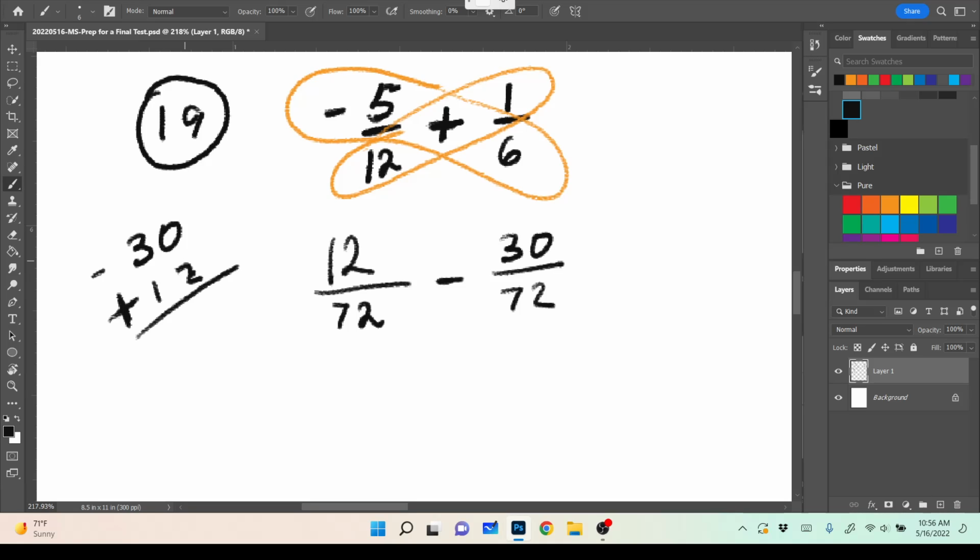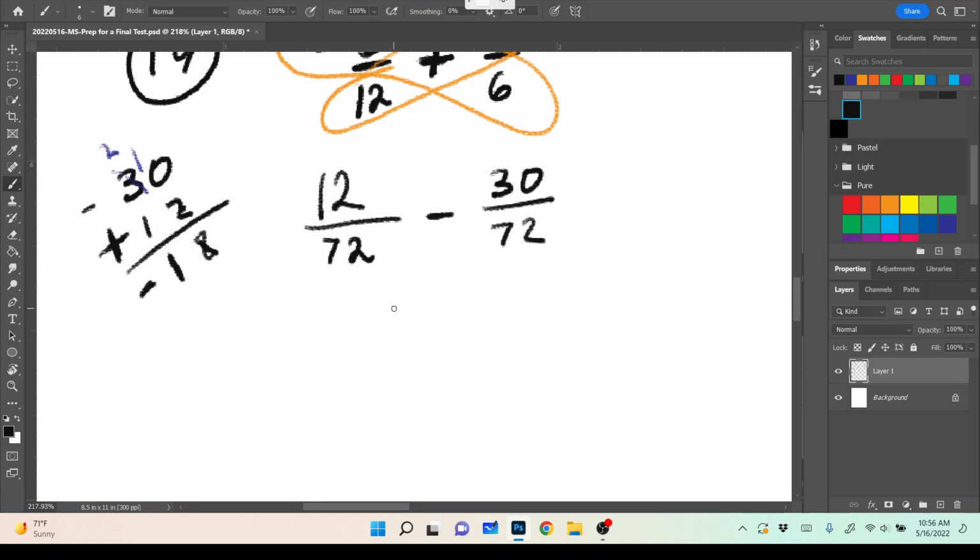What do we got to do? We can't take away 2 from 0. 10 minus 2 is 8. 2 minus 1 is 2. 2 minus 1 is, thank you, it's negative 18. The bigger one is on the top, and it's negative.